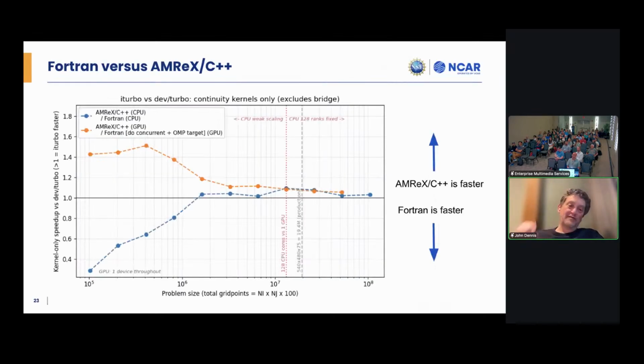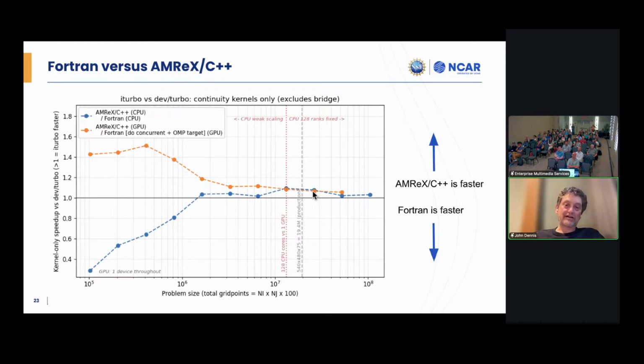What we did is we performed a sweep over problem sizes, on the x-axis, and then we looked at the ratios, comparing the two different programming models on the CPU and the two different programming models on the GPU. What you see here is that if it's above the line 1, then AMReX is faster, and if it's below the line, then Fortran is faster.